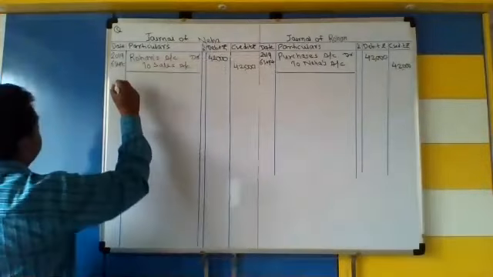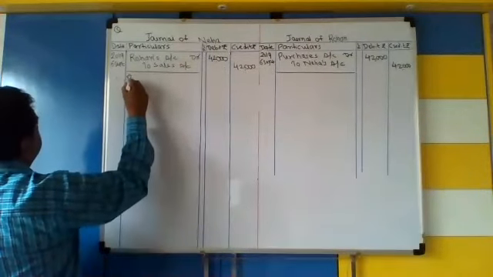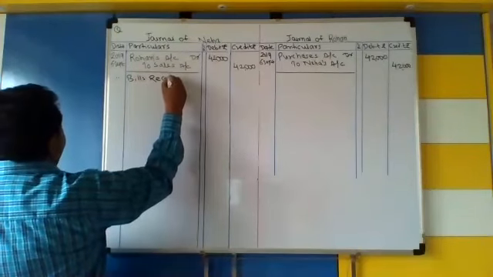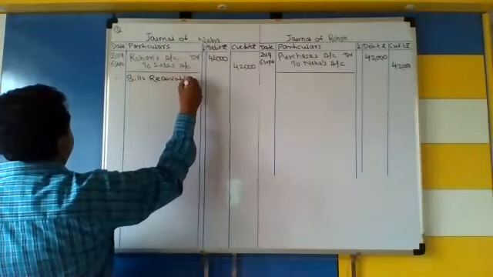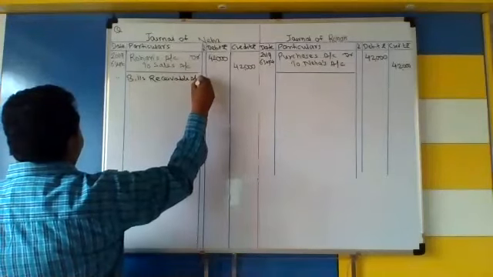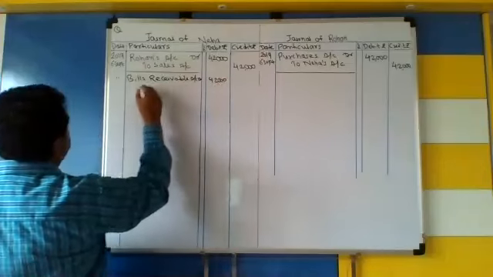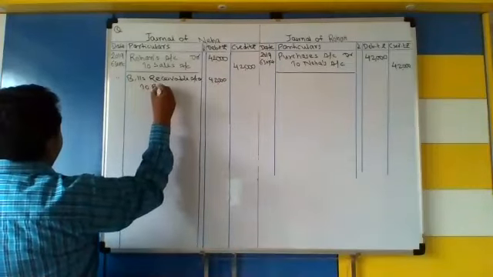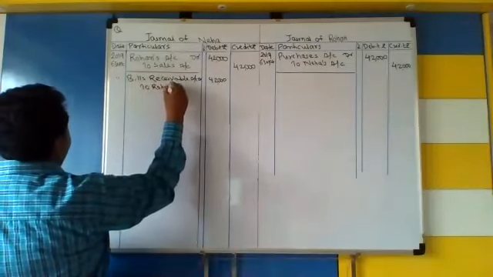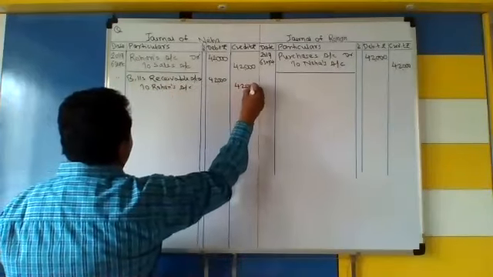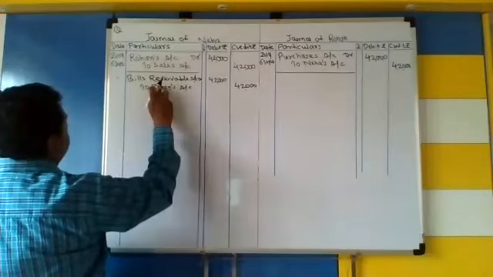So the entry of the same date is bills receivable account debit, same amount 42,000, to Rohan's account. Bills receivable account debit to Rohan's account, 42,000.